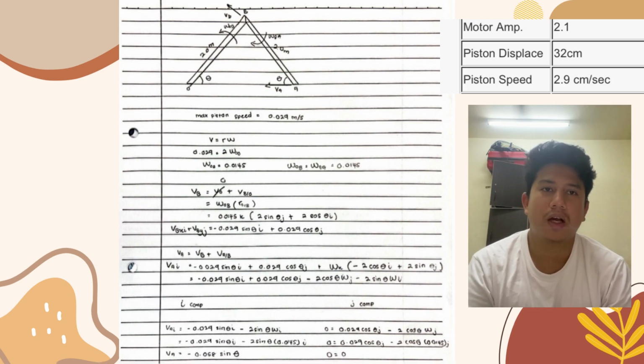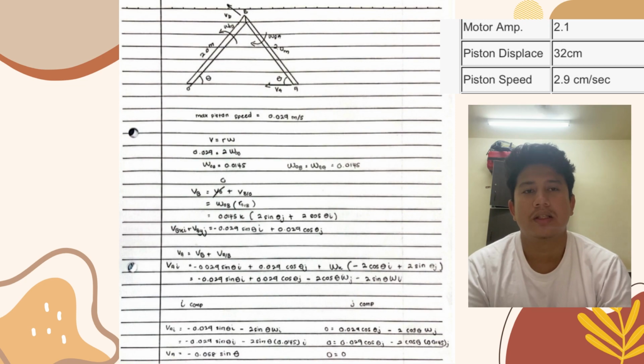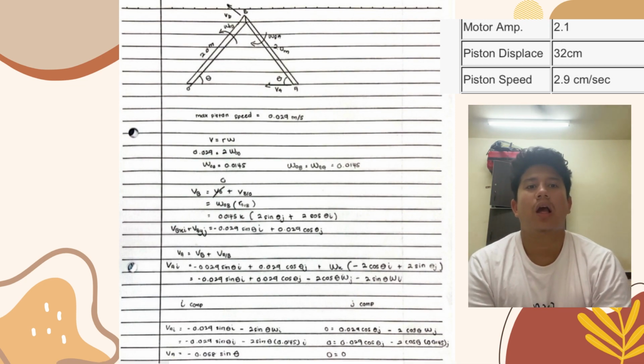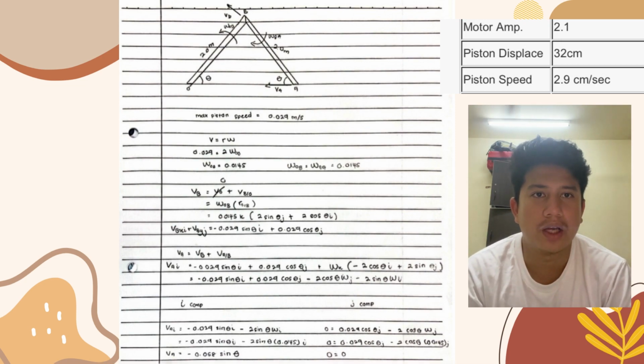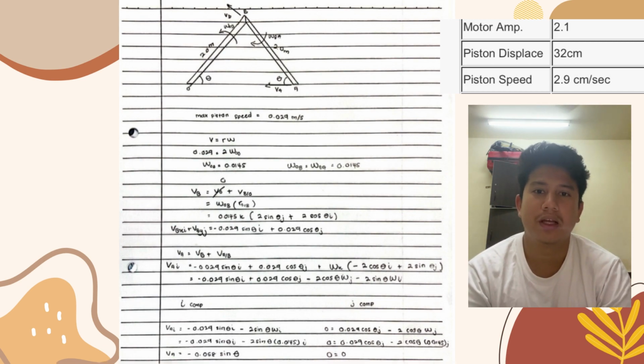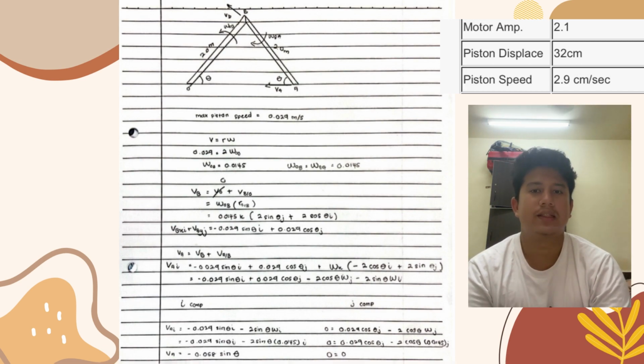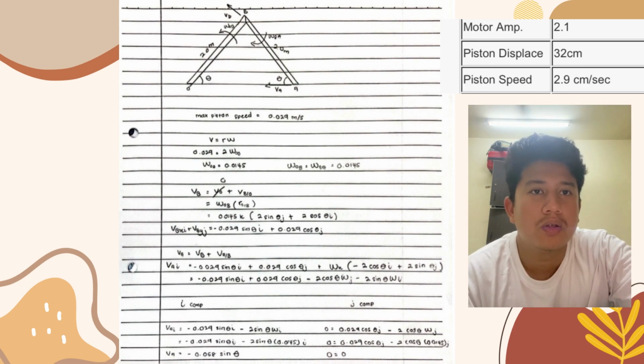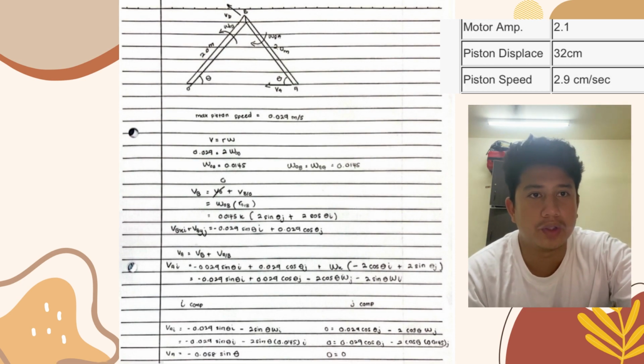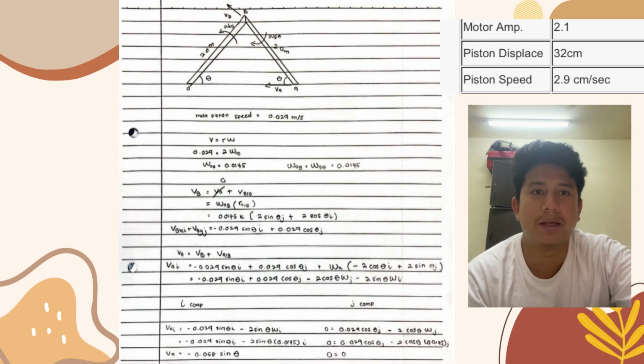First and foremost, to calculate the average velocity, we need to have the omega. And to have that omega, we need to have the max piston speed. We use the internet to get the piston speed, which is 0.029 meter per second. We assume that max piston speed is 0.029 meter per second.